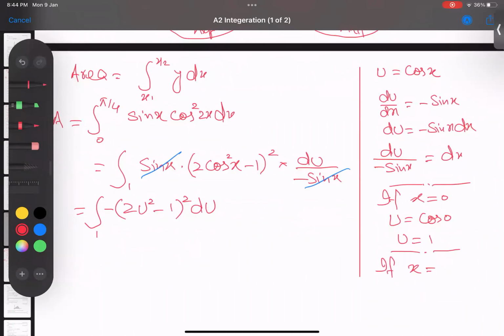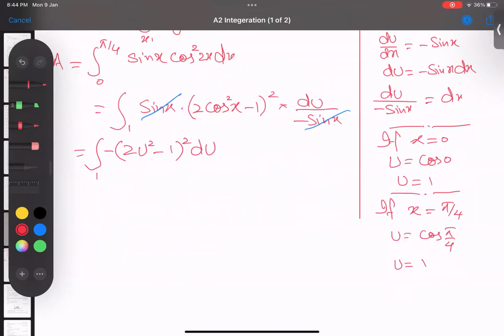If x is pi by 2, sorry, pi by 4. It comes from here. When I plug in pi by 4 here, it becomes cos pi by 4, which gives us root 2 by 2.